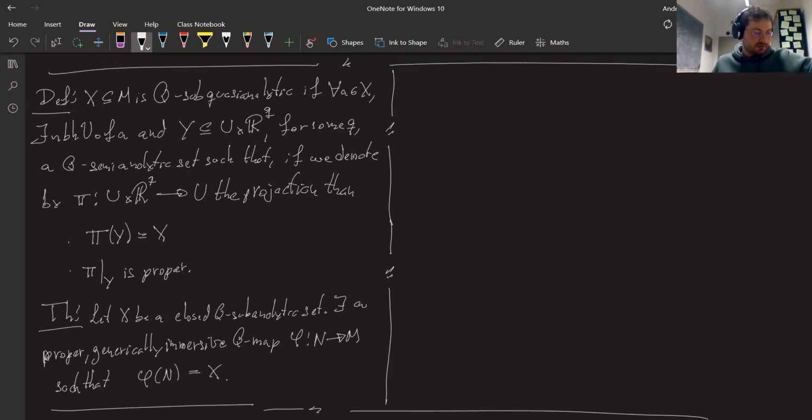Now, the last thing that I want to comment about is first a comment about the proof. The proof goes by basically three kinds of arguments. The first is the uniformization, of course.